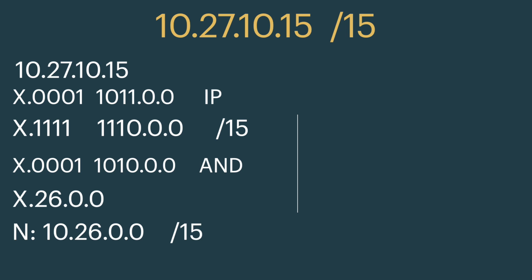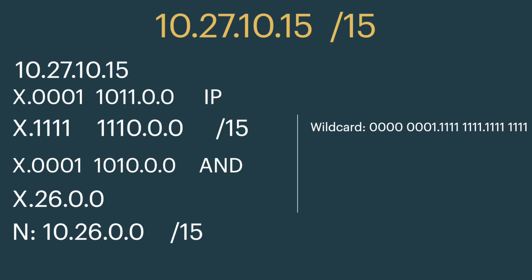Another example is /15. So this is the second octet. We know the deal, so we're going to translate to binary and make a logical AND comparison. In this case, we're going to get 26, so the network address is 26.0.0. We're going to find the wildcard.